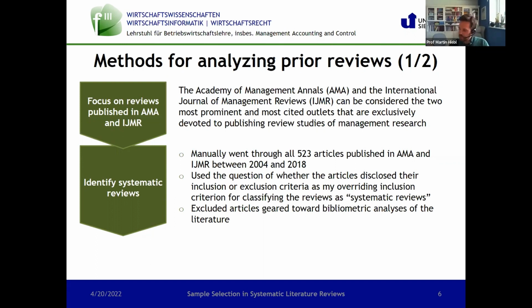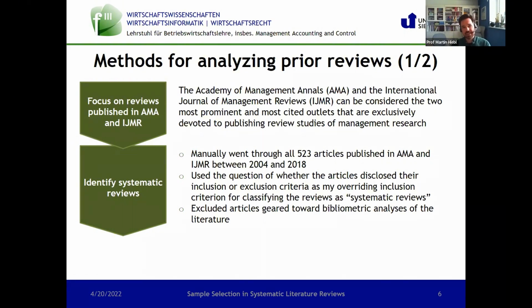But still, not all of these papers published between 2004 and 2018 were systematic reviews, and I needed to identify those which can be considered systematic in some sense. And I used a rather relaxed criterion to identify those systematic reviews. My overriding criterion to include those articles was that they disclosed their own inclusion-exclusion criteria in some way.